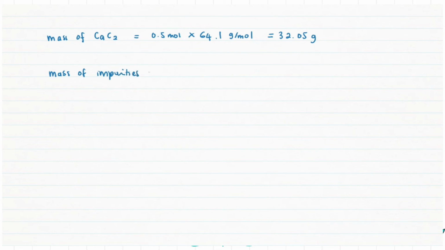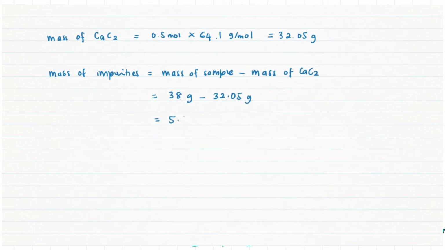Mass of impurities is equal to mass of sample minus mass of CaC2, which is 38 gram minus 32.05 gram, so you will get 5.95 gram.